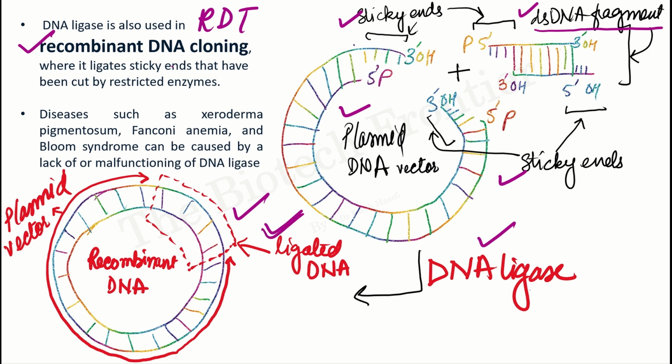This part is from the human, and this part is the plasmid vector of the bacteria. In this way you can make multiple copies of it in bacterial cells and perform whatever study you want to perform. So by obtaining the recombinant DNA, finally with the help of the DNA ligase, you can easily produce insulin.